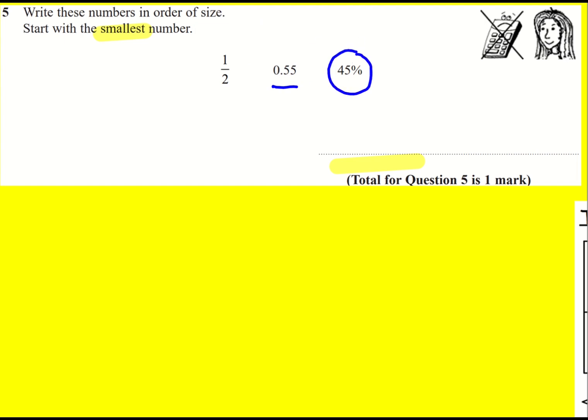Well, this 45%, 45% means 45 out of 100, because the word percentage means 45 out of 100. And if I say that a different way, that is 45 hundredths.